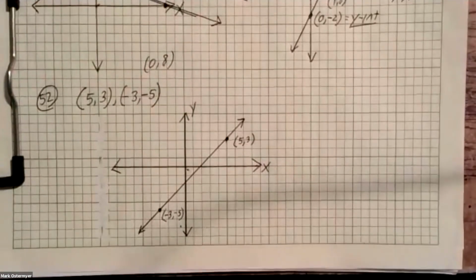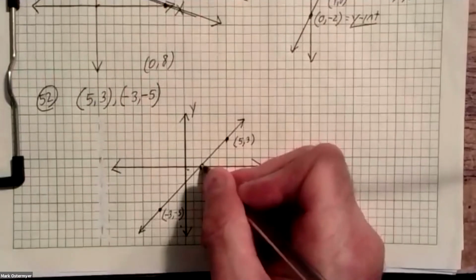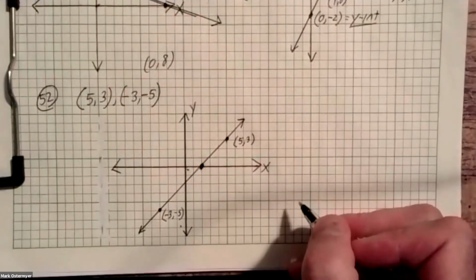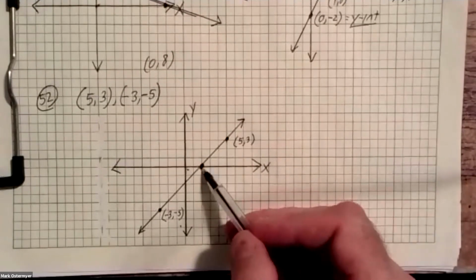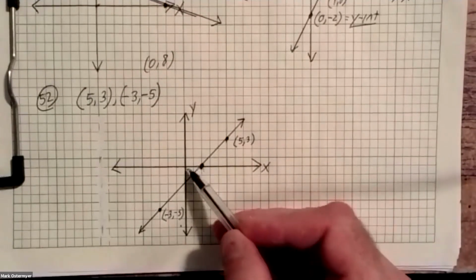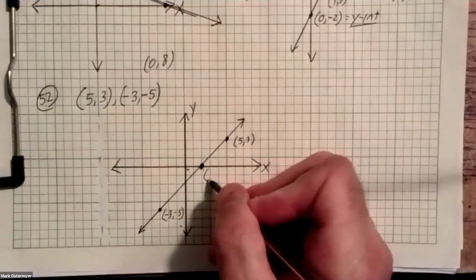Ladies and gentlemen, can you read off the x-intercept of this line? What does it appear my x-intercept is? 2, 0. 1, 2, so 2, 0. That's my x-intercept.